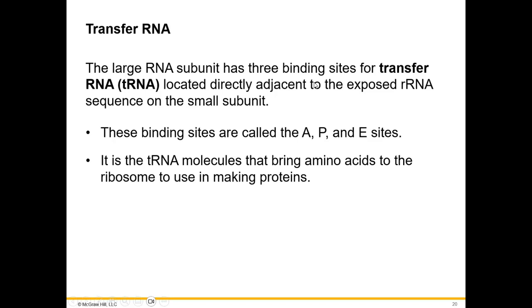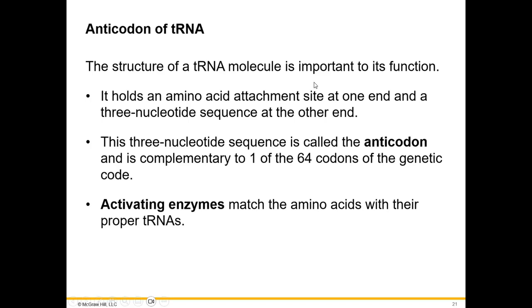So the large RNA subunit has those 3 binding sites, and those binding sites are for the transfer RNA molecules. These binding sites are A, P, and E, and it's the tRNA molecules that bring the amino acids to the ribosome. The structure of a tRNA molecule is important for its function. So it basically holds the amino acid attachment site at one end, and then it has a 3 nucleotide sequence at the other end, which is corresponding to the specific amino acid it's carrying.